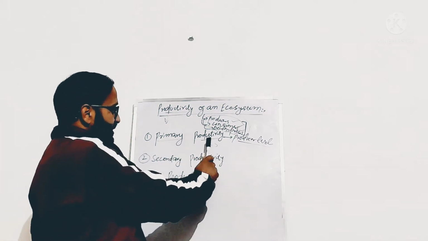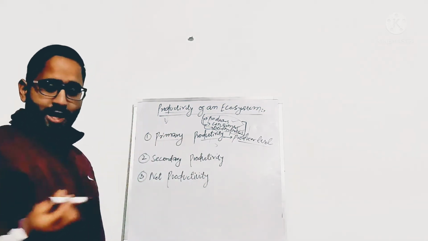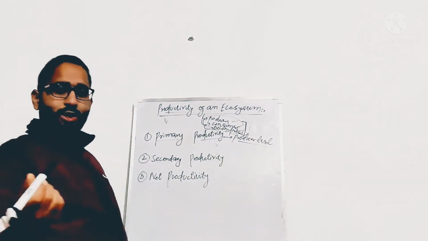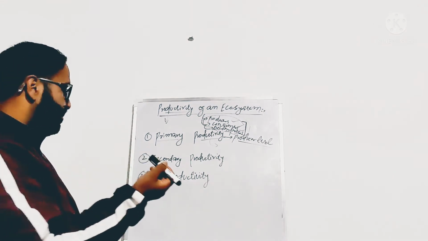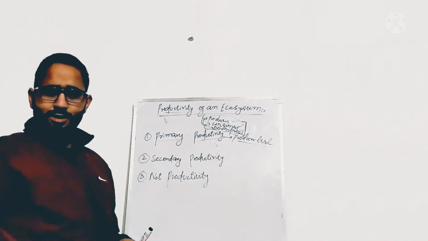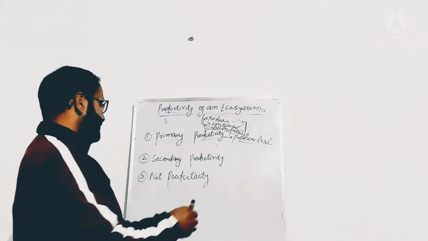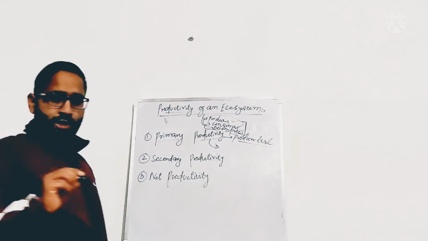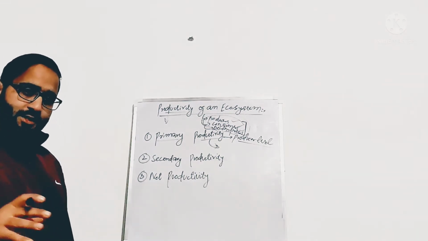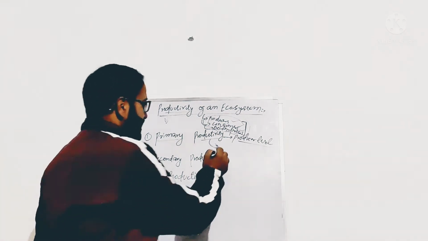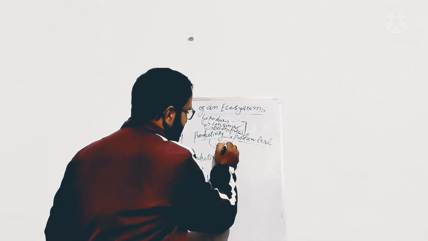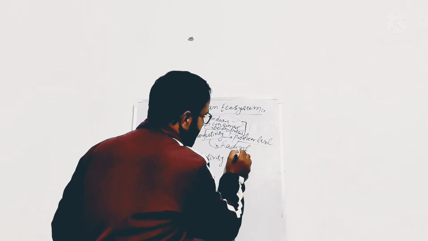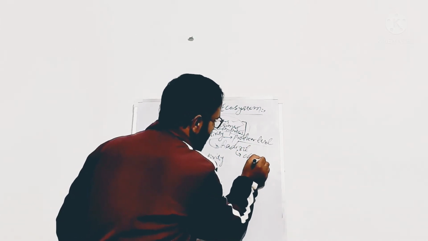Primary productivity tells us about the rate at which radiant energy is being converted into chemical energy or biomass in some particular area. So it tells us about the rate at which solar energy or radiant energy is converted into chemical energy or biomass.